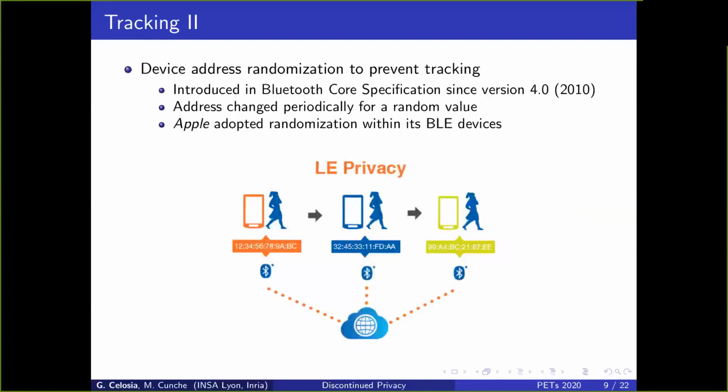To prevent tracking, the device address randomization feature has been introduced in the Bluetooth core specification since version 4.0, so since 2010. Its purpose is to periodically change the real device address to a random value. Actually, in our study, we found that Apple adopted the randomization within its BLE devices.